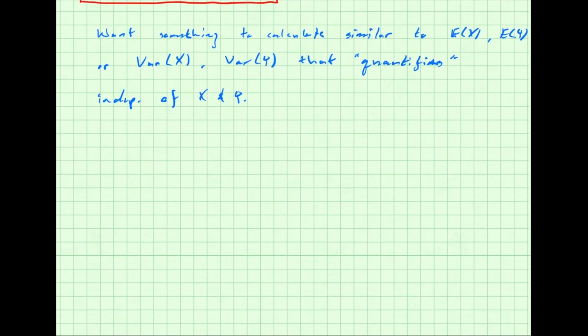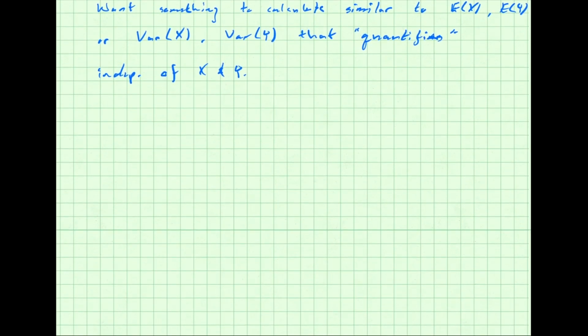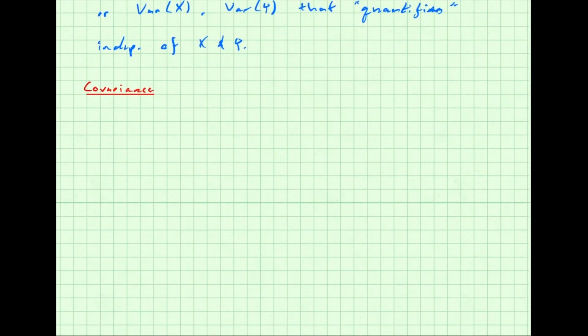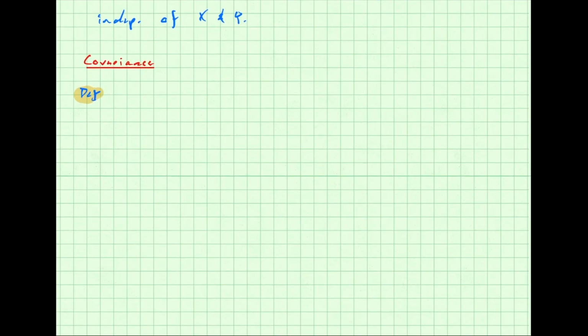The first term is covariance, and we'll define it and then see how it tells us what we want. The definition is simple, and hopefully you'll get some understanding of where the name comes from.